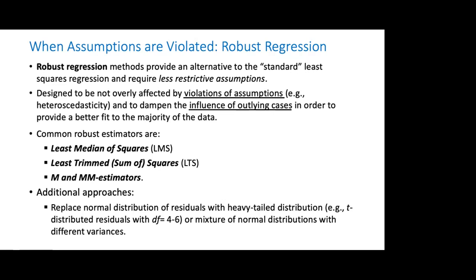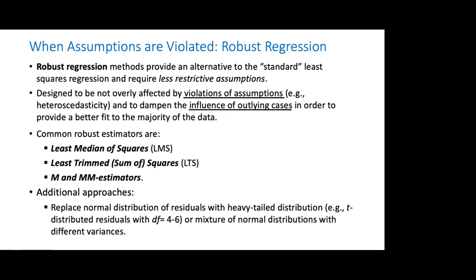There are different alternatives for this function, and it's usually a symmetric one that has a unique minimum at 0, so that the larger the deviation, the larger the residual, the smaller the weight of this particular case.